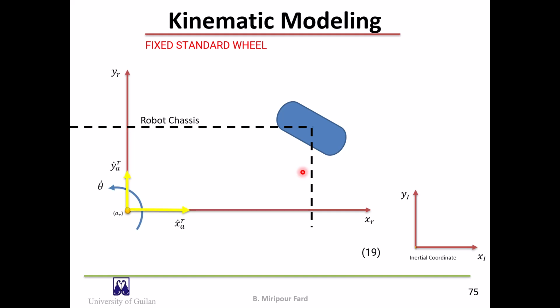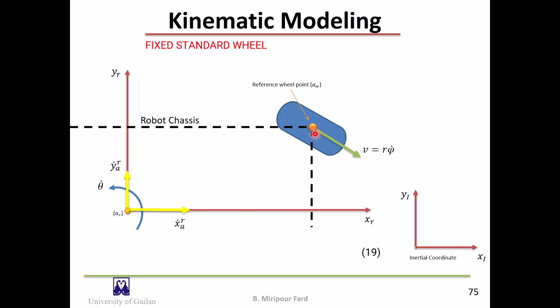AR is the reference point on the robot, and its velocity in the robot frame is given, as well as the angular velocity of the robot. We denote the angular velocity of the robot or the chassis by theta dot. We consider another reference point on the wheel, which is the center of the wheel.